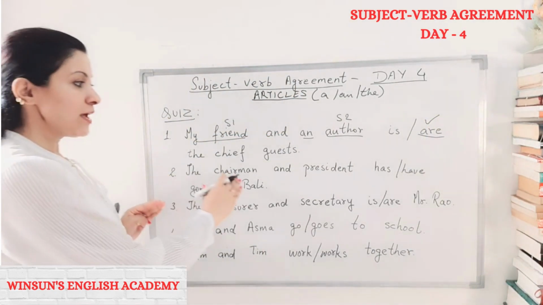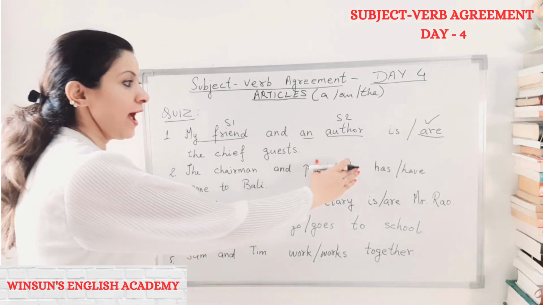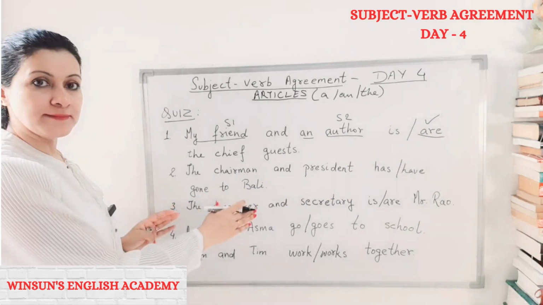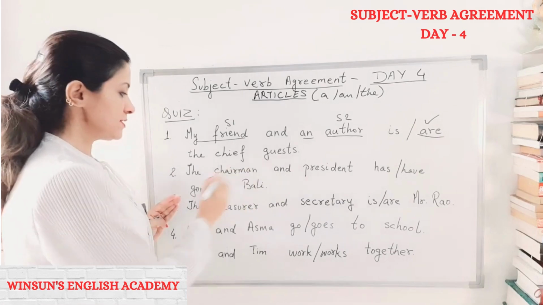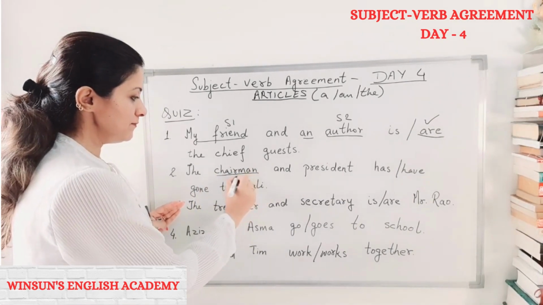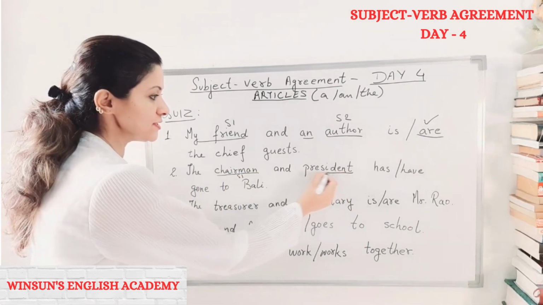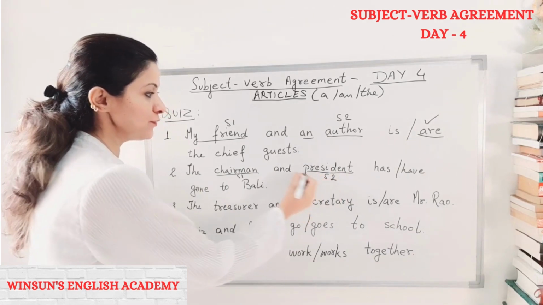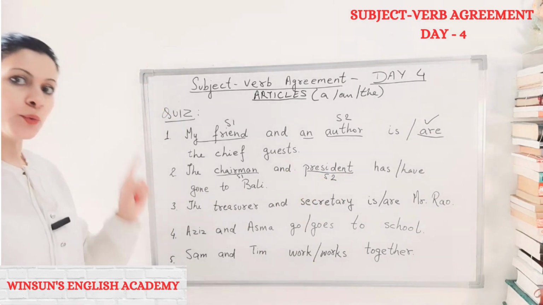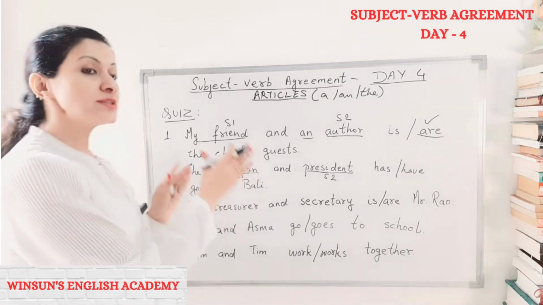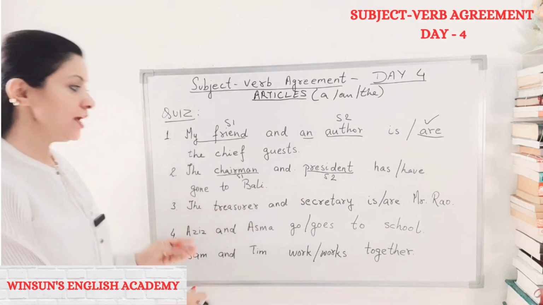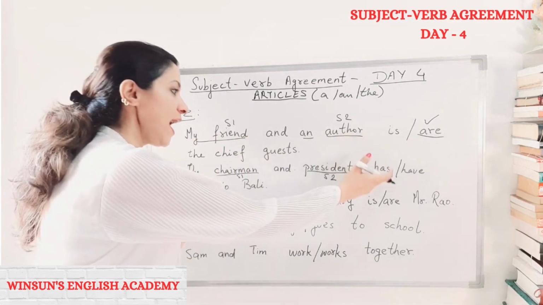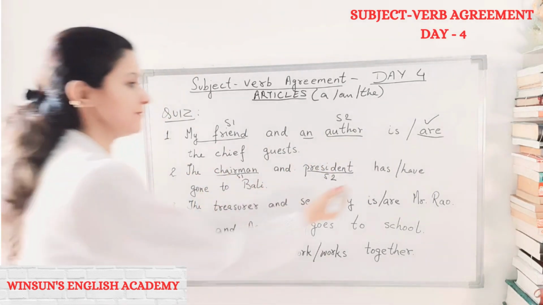Next, the chairman and president has or have gone to Bali. The chairman and president, chairman subject 1 and president subject 2. Now, do we have an article here? No, which means we are referring to the same person. Okay, so the same person has gone to Bali.